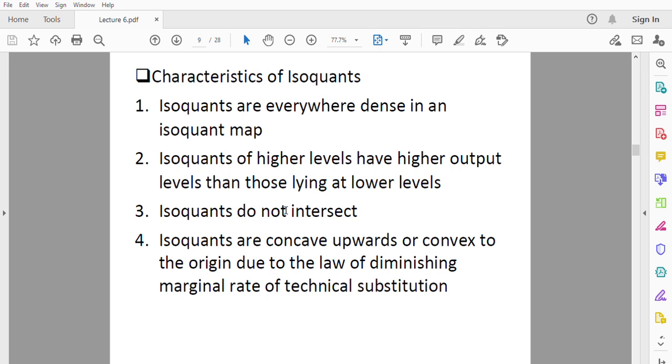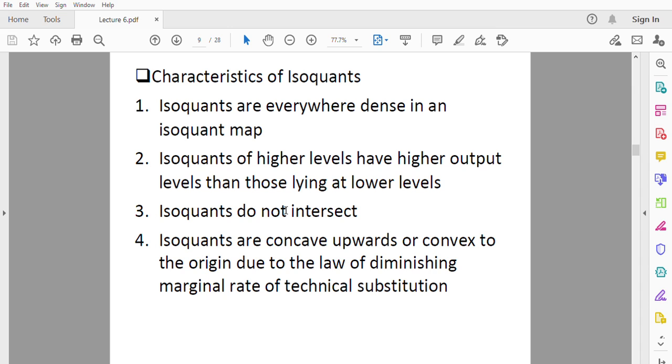The first is that isoquants are everywhere dense in an isoquant map. We'll look at an example of an isoquant map and you'll see. Isoquants are everywhere because you can produce different levels of output so far as you have some inputs. So they are everywhere dense.